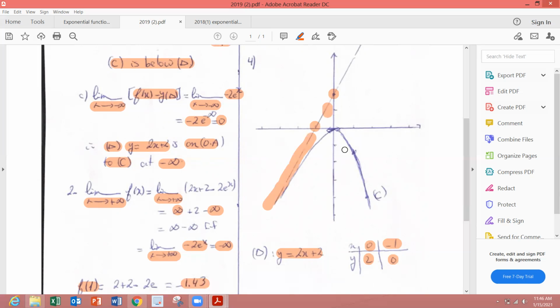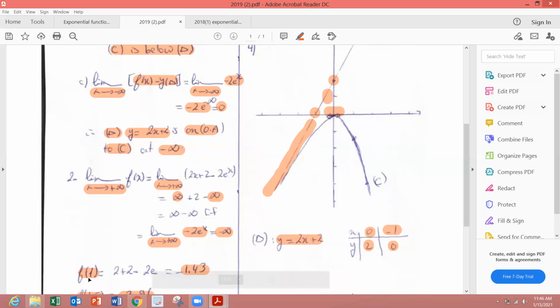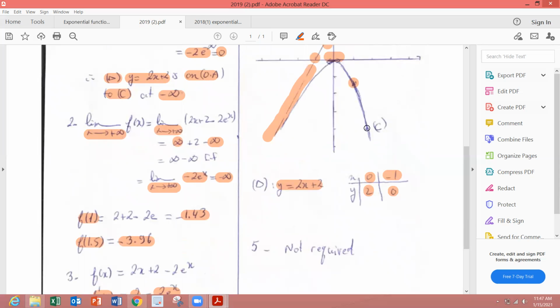Then I locate the maximum. The maximum point is (0, 0). And we have the particular points: f of 1 equals minus 1.43, so at x equals 1, y equals minus 1.43. And f of 1.5 is minus 3.96, about minus 4.